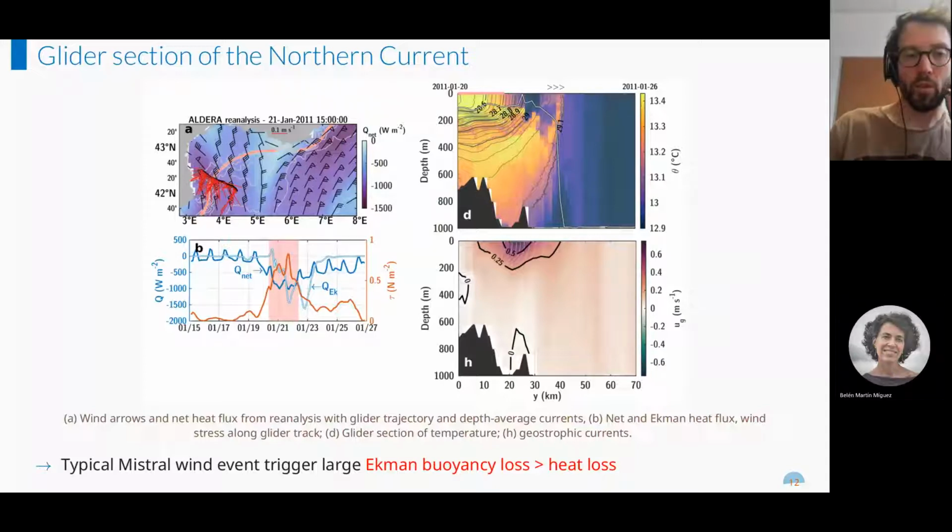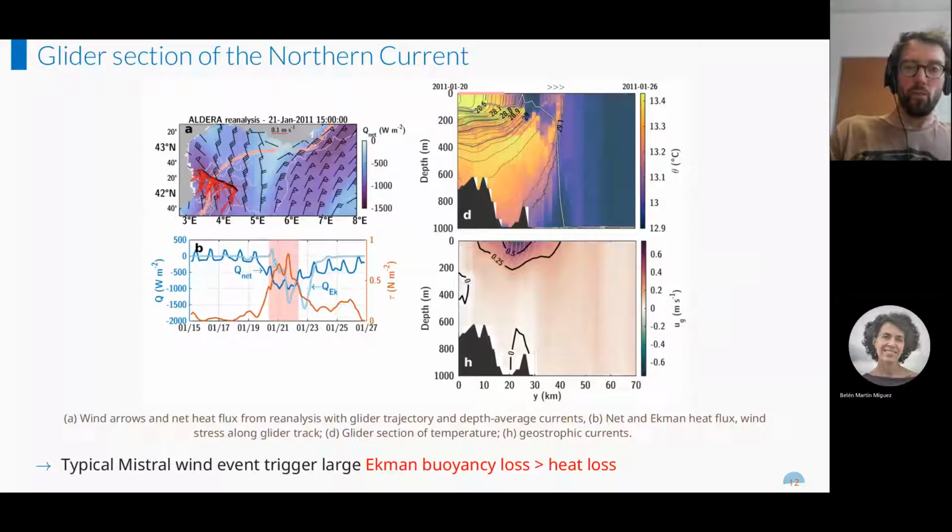It's a typical wind that blows from the northwest. And as you can see in the western part of the Gulf of Lion, this wind is actually aligned with the current.